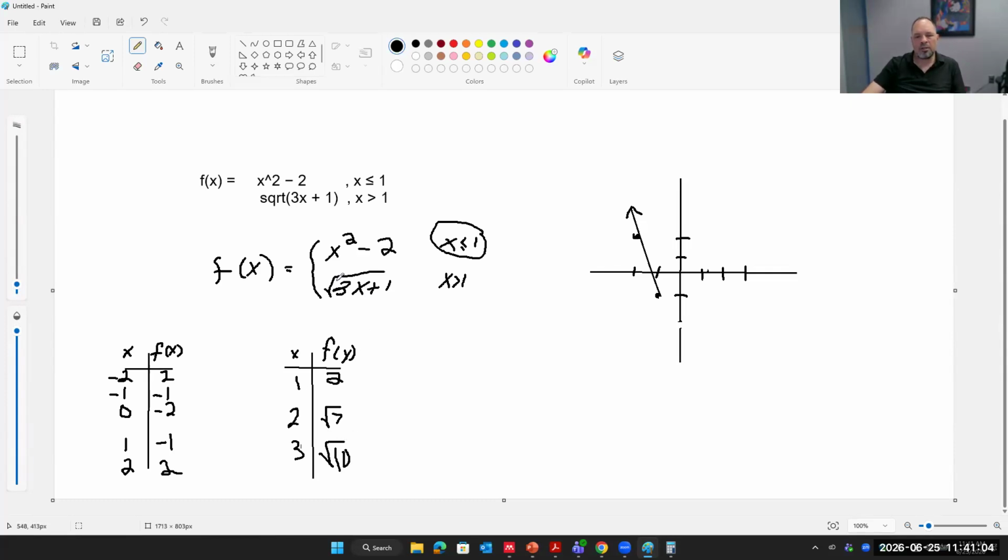If you're familiar with this curve, you'll know that it looks like this. Actually, I'm realizing that I used -1 here instead of 1.